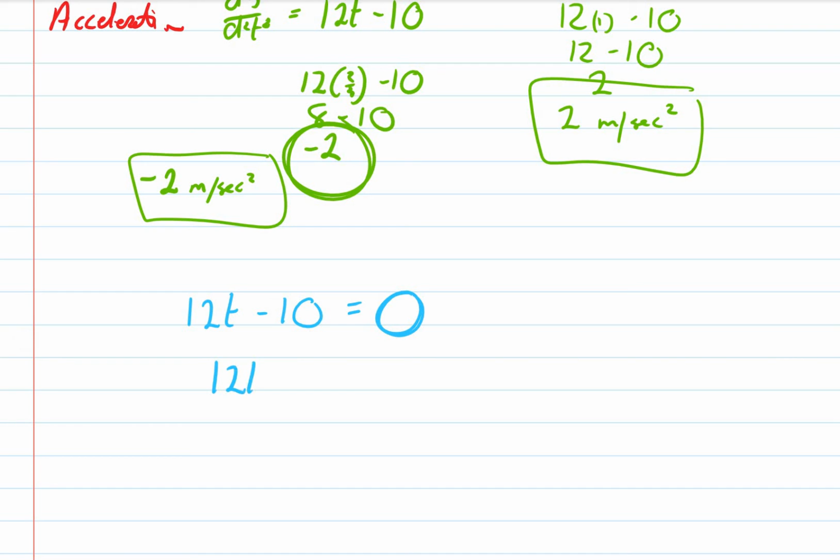So 12t equals 10. t then equals 10 divided by 12, so t equals 5/6. So the question was, at what time is the object's acceleration 0? Well, after 5/6 seconds, or where t time is 5/6.